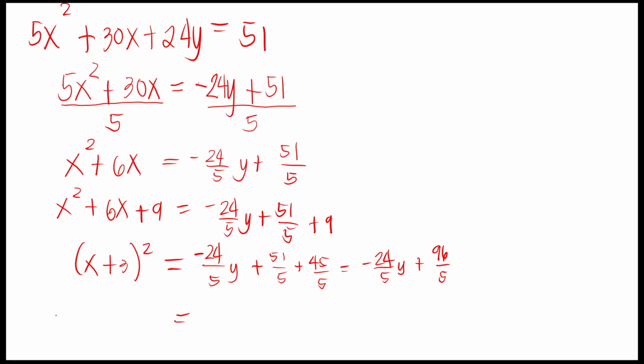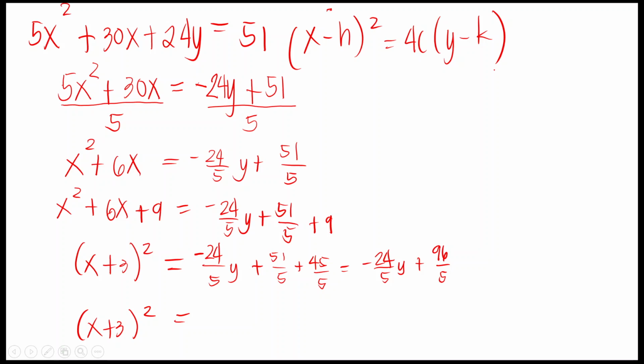Okay, I think it is not perfect yet. We need to factor something from the right side in such a way that it mimics the standard equation. What should be factored is from negative 24 over 5 y plus 96 all over 5.